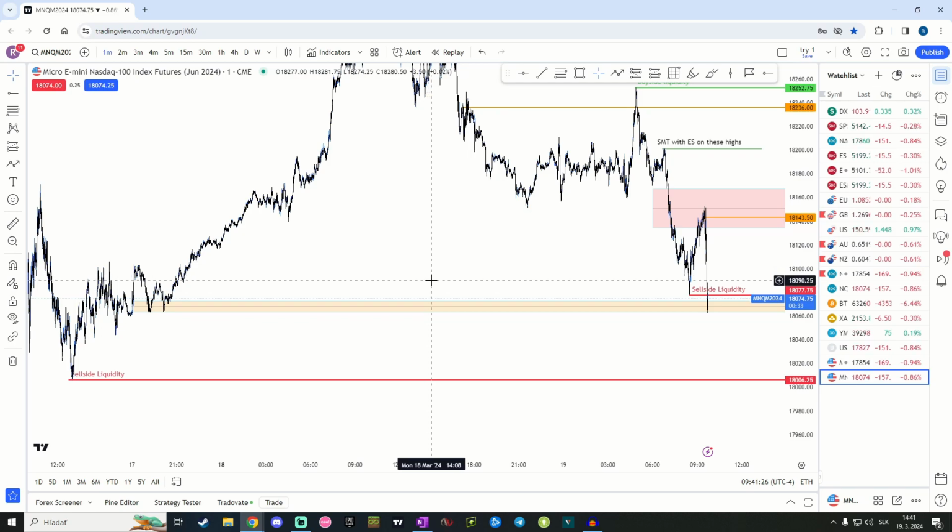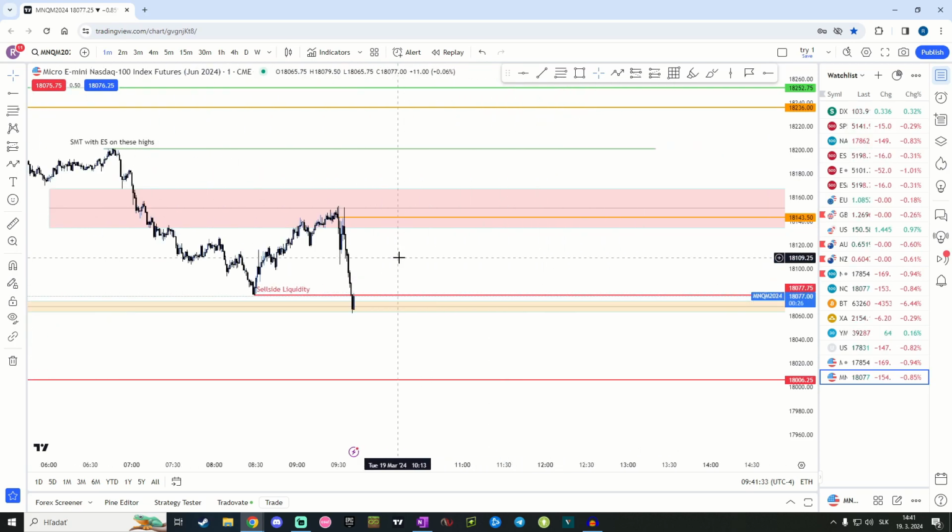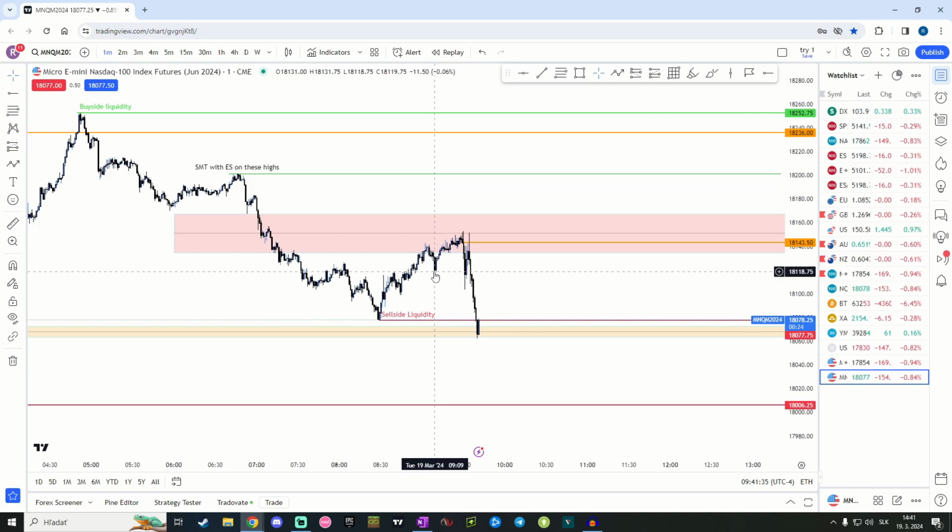And let's see what we can expect now from the market, because ES is not that low at all. ES just barely swept the low from this time at 909. It just barely did it.